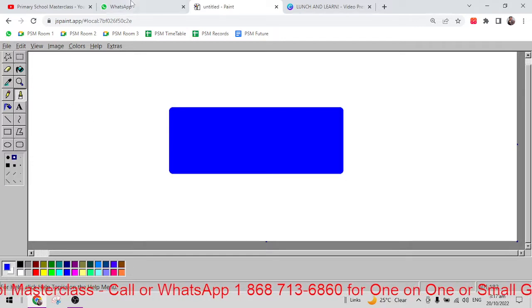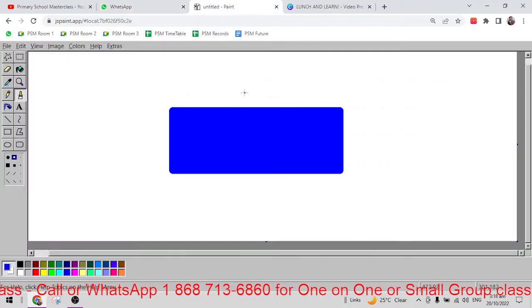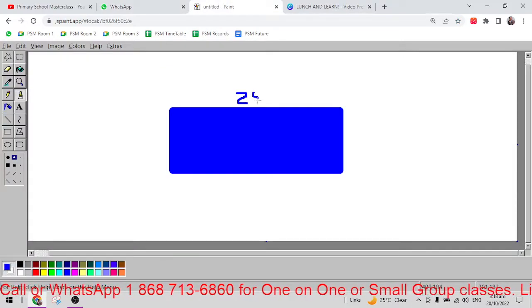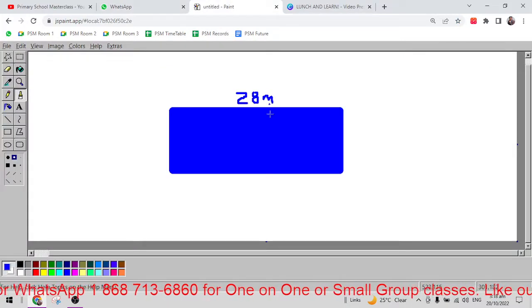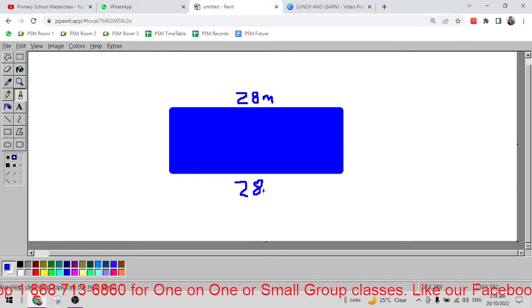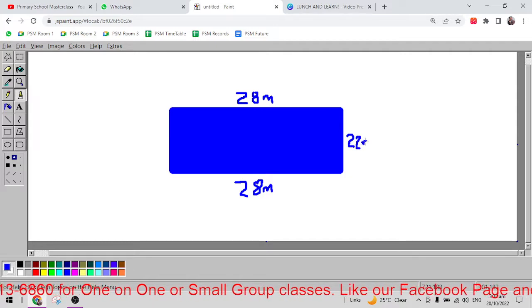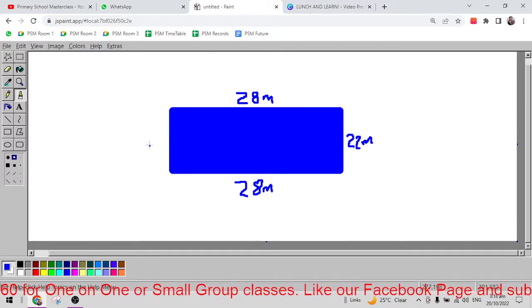So this should be 28 meters on the long side. And if that is 28 on the long, this should also be 28 on the long here. And 22 meters on the short side. 22 meters on the short side.